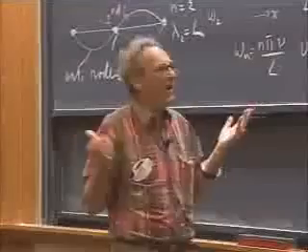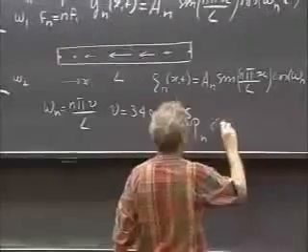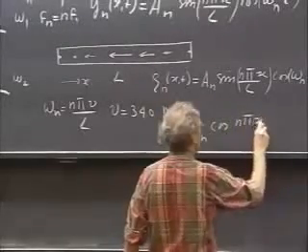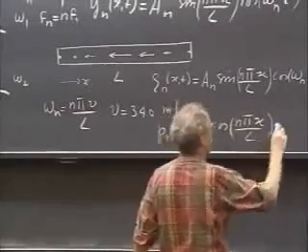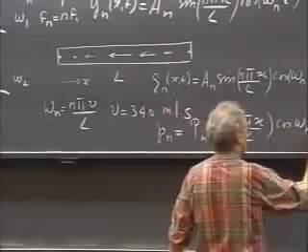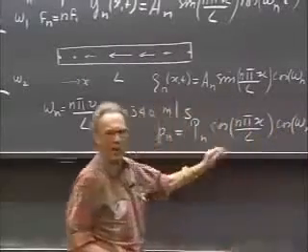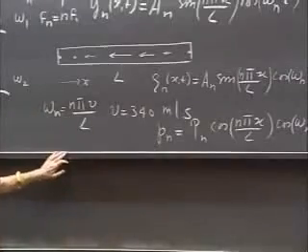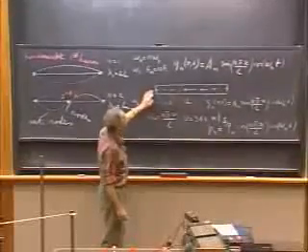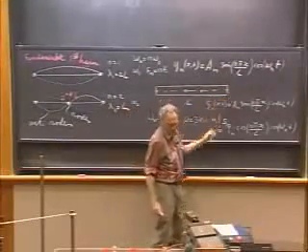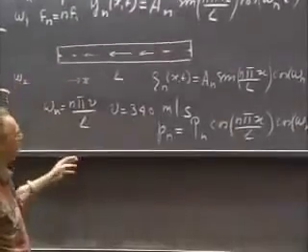I give it just a P of n, and now I get the cosine of n pi x over L, and then I get the cosine of omega n t. And you understand now why you get the cosine, because the antinodes are now here at the ends, which is the consequence of the boundary condition.